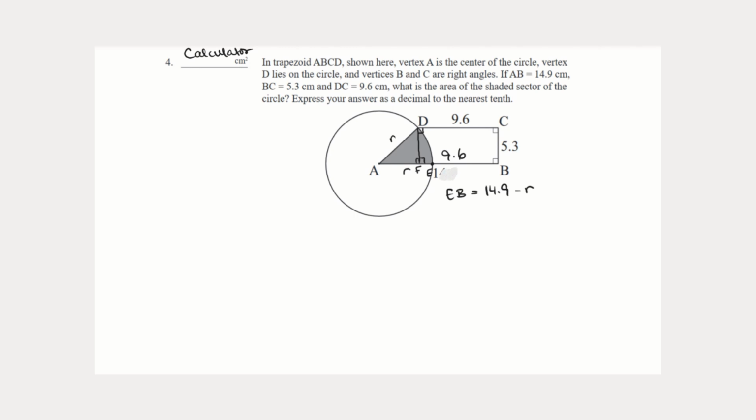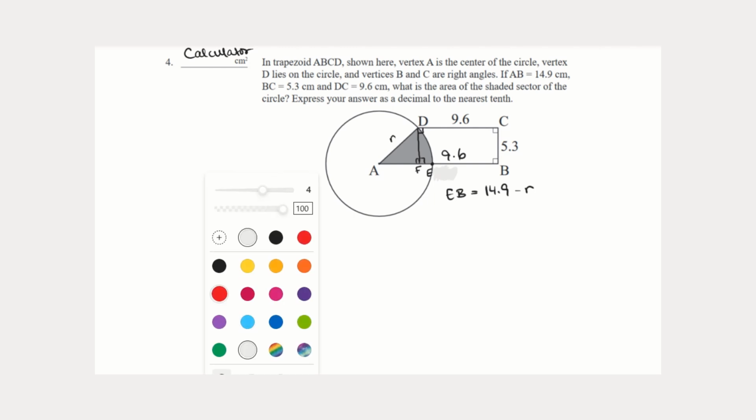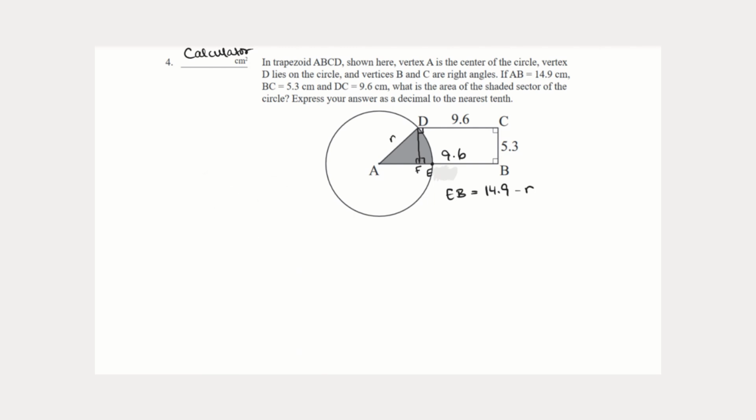So you know AB is 14.9, and you also know that AF plus FB equals 14.9, and FB is 9.6.